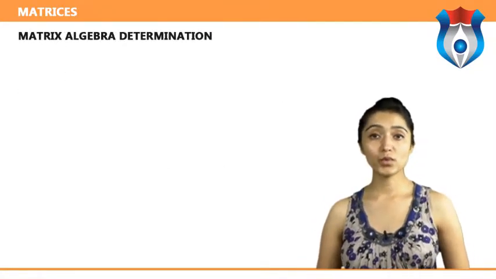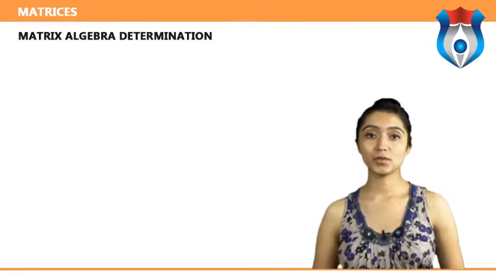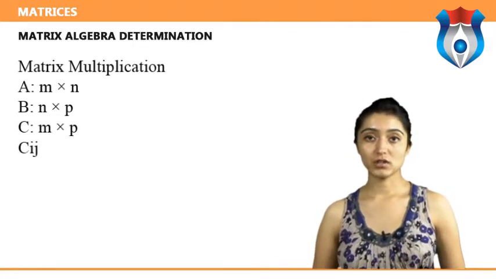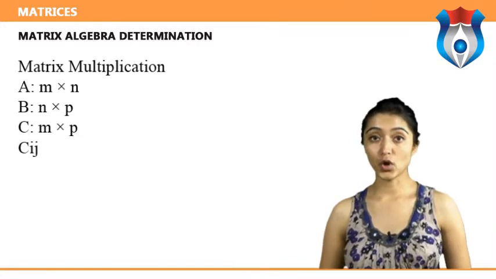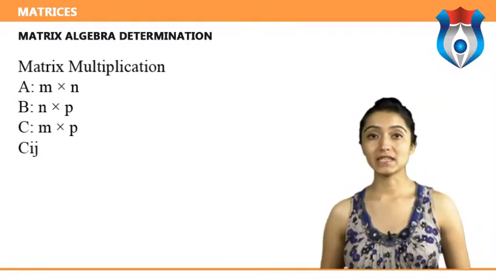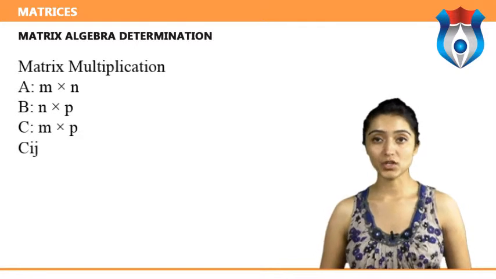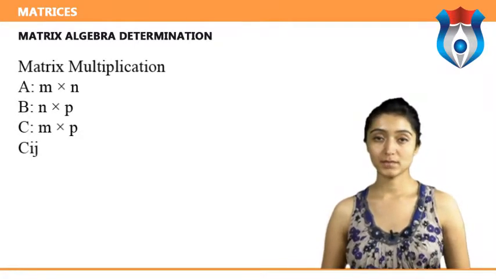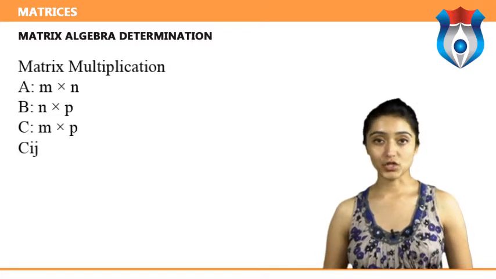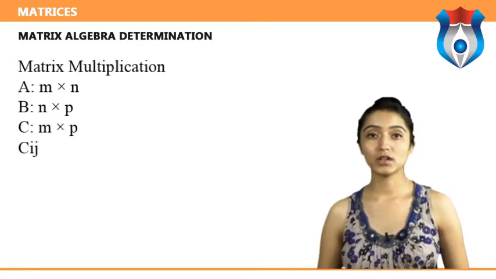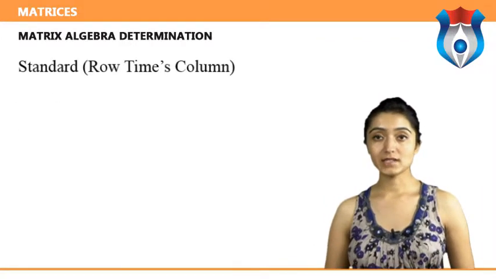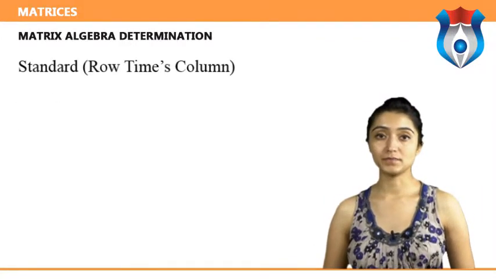Students, now we will talk about matrix algebra. Matrix multiplication. If A is an M cross N matrix and B is an N cross P matrix, then C is an M cross P matrix. We use C of ij to denote the entry in row i and column j of matrix C. Standard row times column.